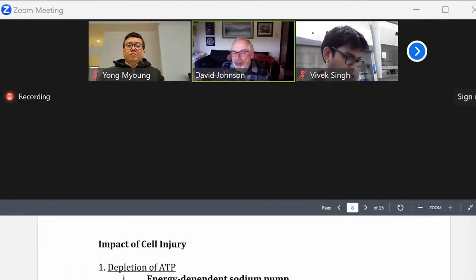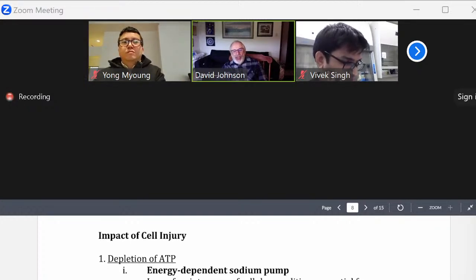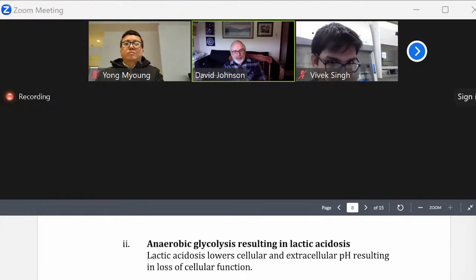Depletion of ATP, as I've been talking about, is huge. There are so many enzymes that are ATP dependent, things such as the sodium potassium ATPase pump. If someone is hypoxic, anaerobic glycolysis is much less efficient than aerobic oxidation, and you get a buildup of lactic acid, which alters the cellular pH, which can then disrupt enzyme function.